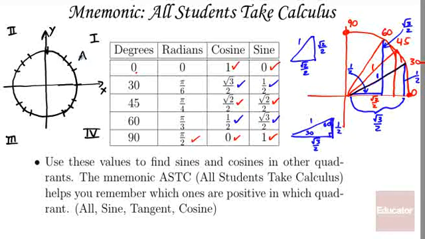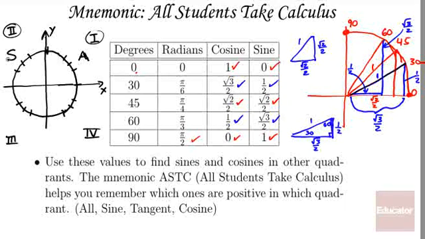I'm going to write that as an A, which stands for all the values, everything is positive. In the second quadrant over here, the x values are negative, the y values are positive. Now the x values correspond to the cosines, so the cosines are negative and the sines are positive. So I'm going to write an S here for the sines being positive.